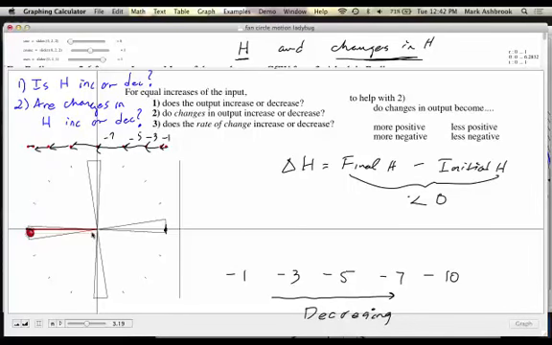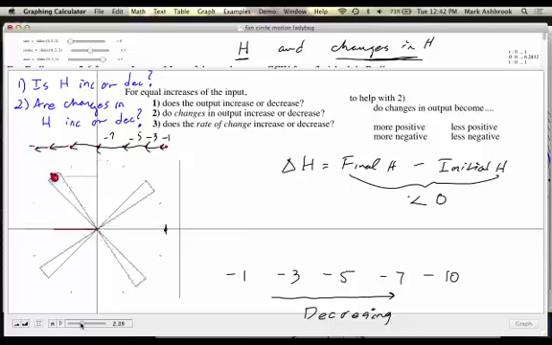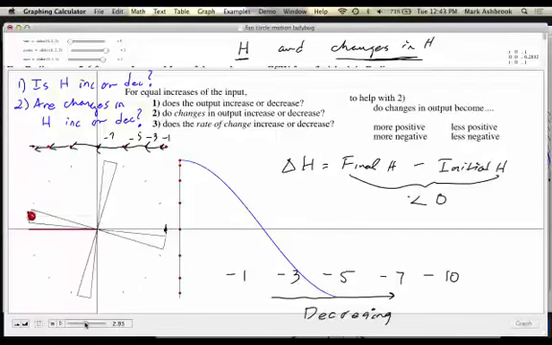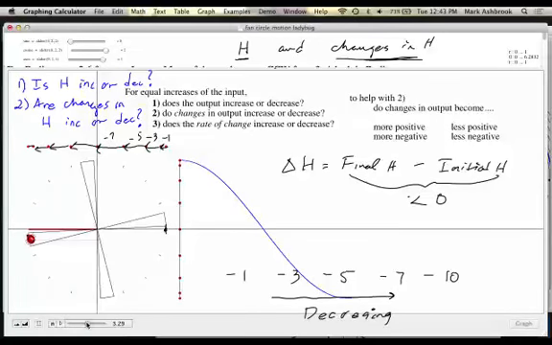It will go from 0 to -1 and be concave up or concave down? Concave up. Like that. So the vertical coordinate from 0 to 1, concave up because those changes are getting less negative, so they're increasing changes.